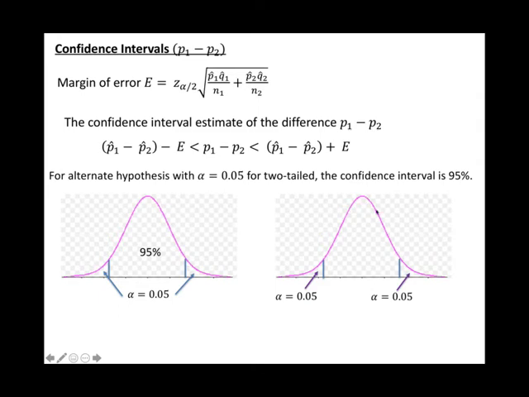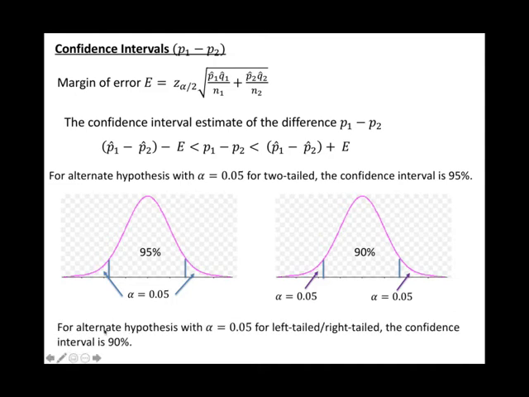So now, look at here. The total area is 1. I'm gonna subtract 0.05 and 0.05. So the area in the middle becomes 90%. So if your alternate hypothesis has a significance level of 0.05 for the left tail or right tail, the confidence interval will be 90%.